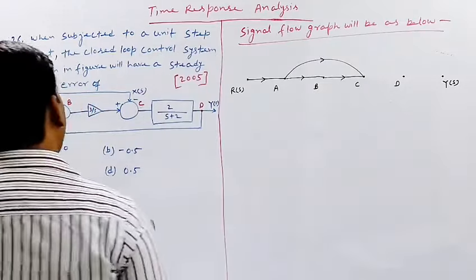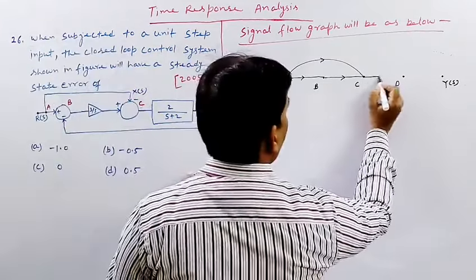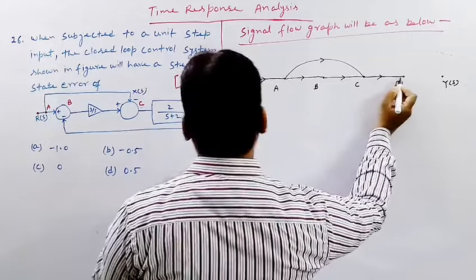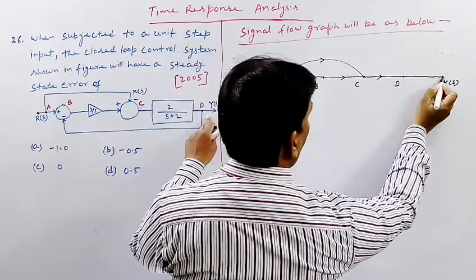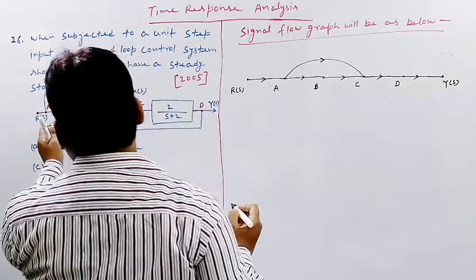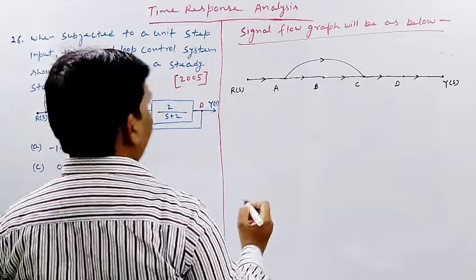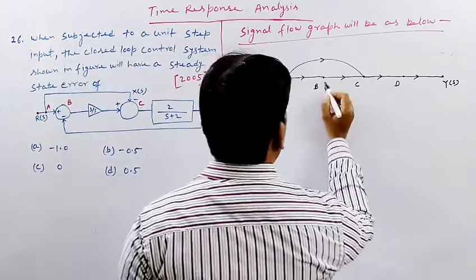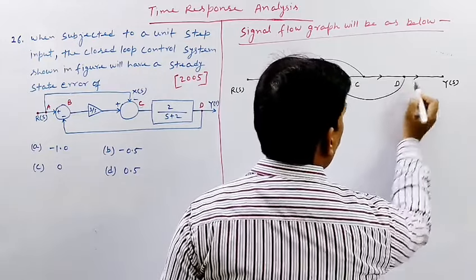Now between C and D, there is a branch, and between D and Y, there is a branch, and between D and B, there is one branch. Okay.